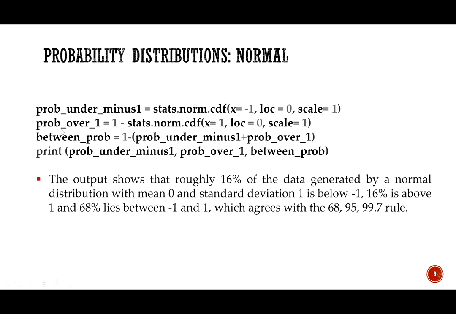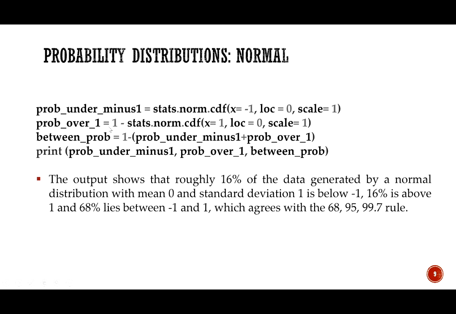Now we want to find the probability over 1. So the probability of x greater than 1. We can look at the event complement. So it's equal to 1 minus the probability of x less than 1. So we prefer this format because for probability of x less than 1, we can apply the CDF.